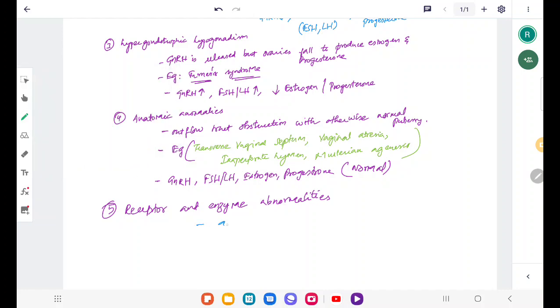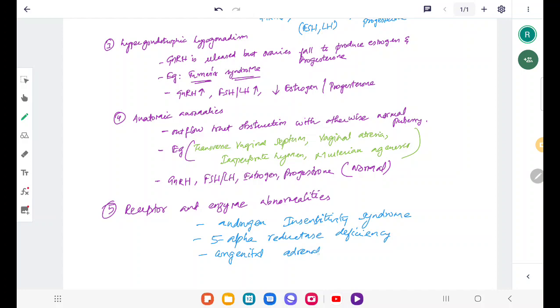Some examples would be androgen insensitivity syndrome, 5-alpha reductase deficiency, or congenital adrenal hyperplasia.